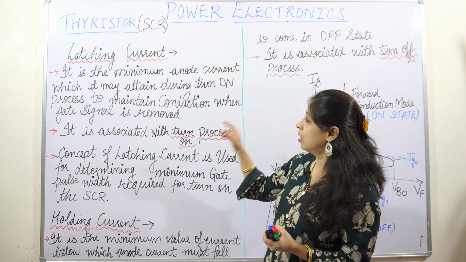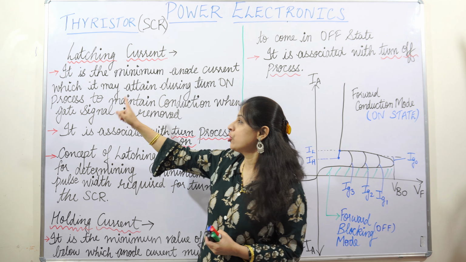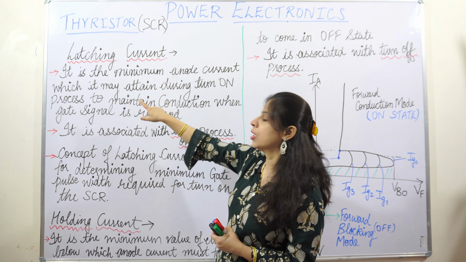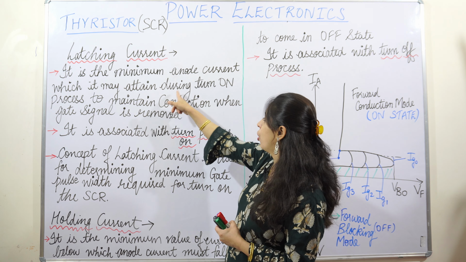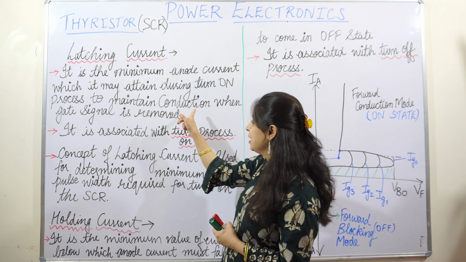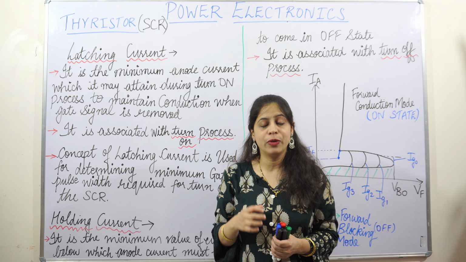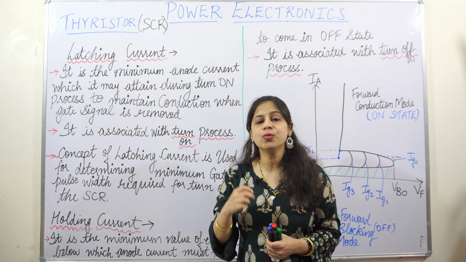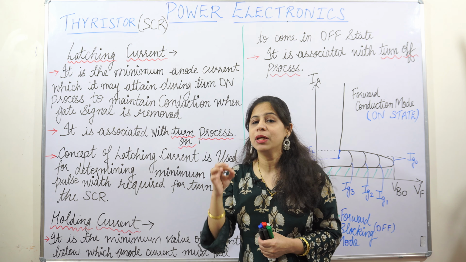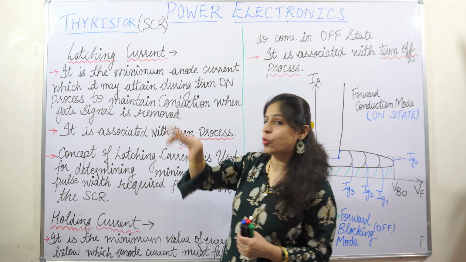Okay. So it is the minimum anode current which the SCR may attain during turn on process to maintain conduction when the gate signal is removed. Okay. So when the gate signal is removed, in order to maintain the conduction, it is that minimum anode to cathode current.